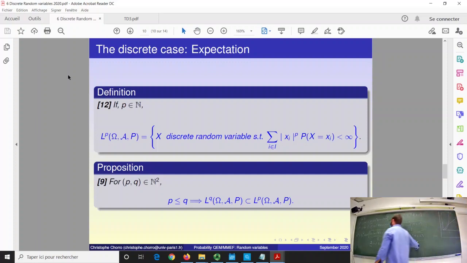So in this situation, since I know that q is greater than p, for this term here, and only for this one, the sum is less than the same sum with power q instead of power p. Because when my number is greater than 1, according to my picture, |xi| to the power p will be less than |xi| to the power q.